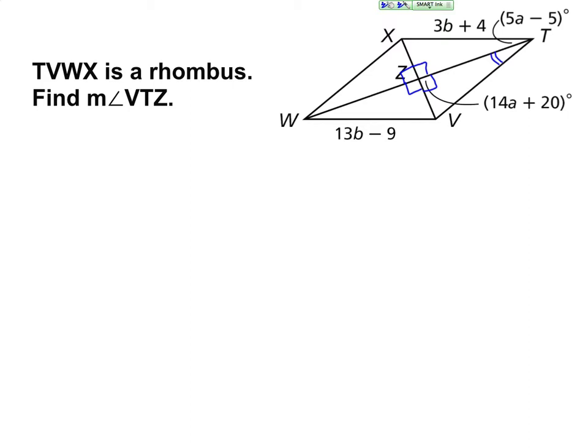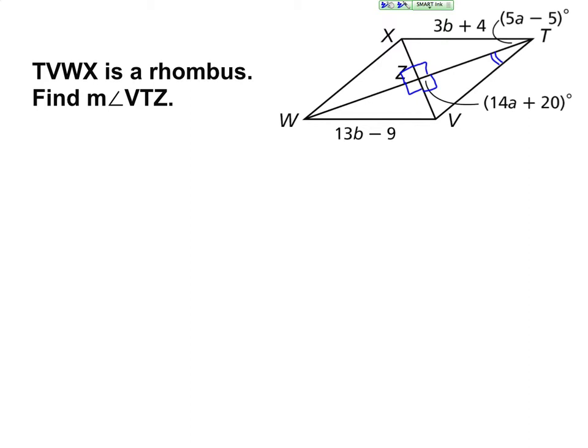Zach, tell me the idea. In a parallelogram, the diagonals bisect each other. Can I use that on a rhombus? Yes, because 6-4-3 says a rhombus is a parallelogram. Okay, so that's how we would support it.